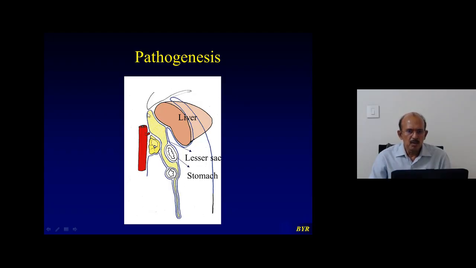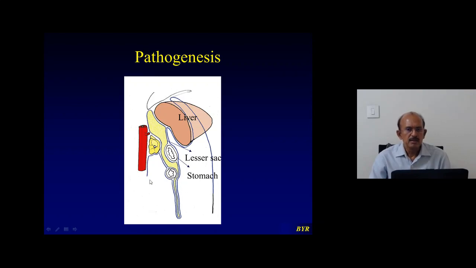The posterior boundaries are the posterior abdominal wall, pancreas, posterior leaf of the transverse mesocolon, transverse colon, and posterior leaf of the greater omentum.